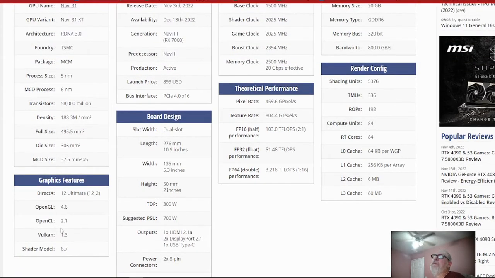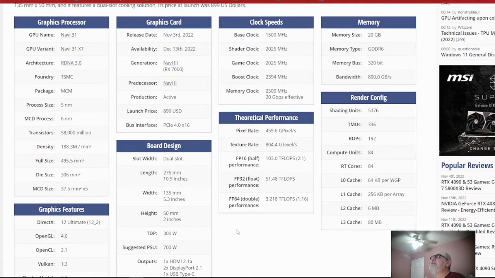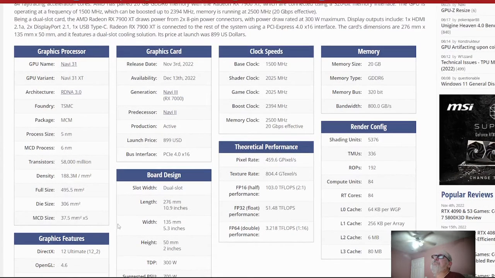With OpenGL, OpenCL, Vulkan, and shader model 6.7, and having 58,000 million transistors, and it's on a 6 nanometer MCD process, and the process size is 5 nm, and it's a multi-chip package.